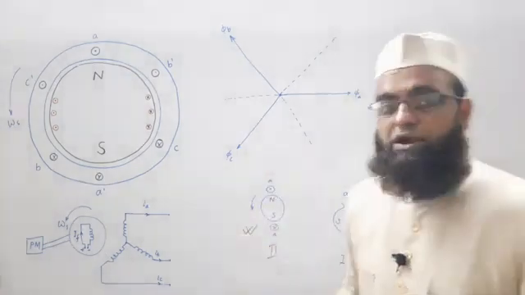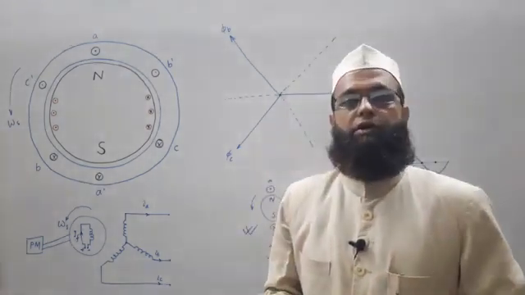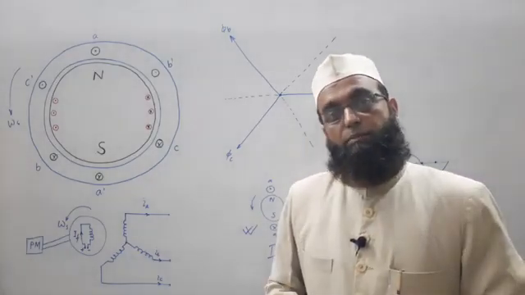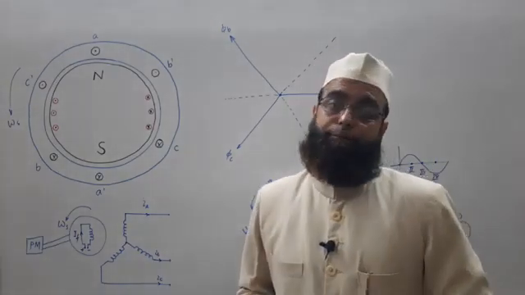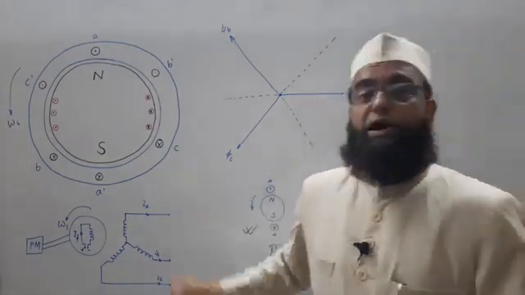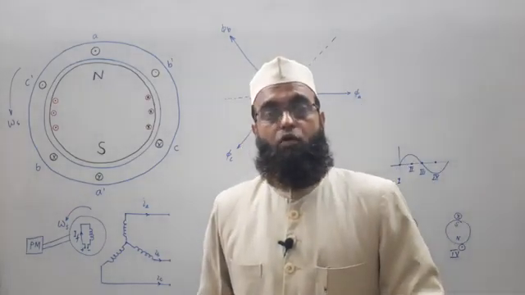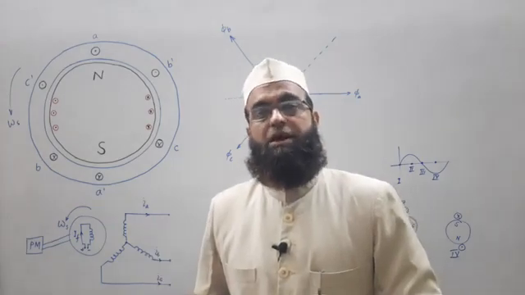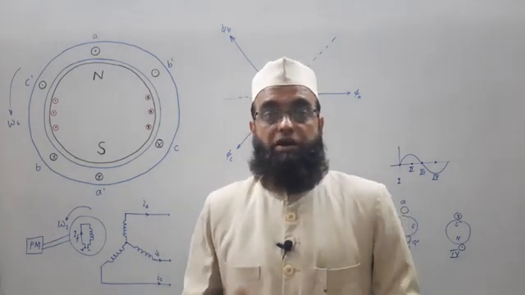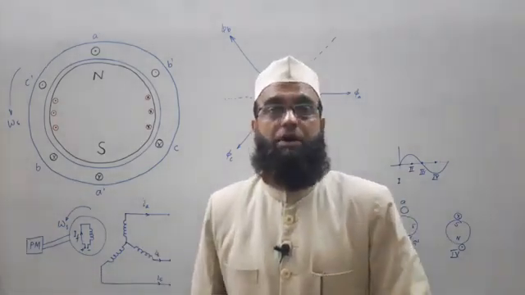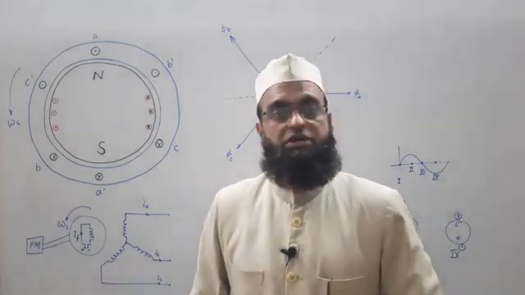If load is not connected, then we have only one field, the rotor field, rotating at synchronous speed in the direction of the rotor. But once load is connected, we have another field, the armature field, rotating at the same speed in the air gap in the same direction. Now, interaction of the two fields will be there obviously. Once two fields are there in the air gap, these two fields will interact with each other.